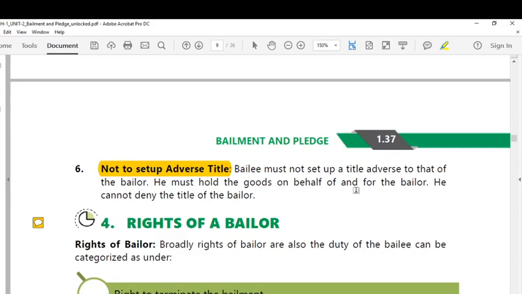For example, if X gives his car for repair to Y, Y cannot say that he is the owner of the car, and he cannot set up an adverse title with respect to the goods under bailment. So it is the duty of the bailee not to set up any adverse title against the goods under bailment. This is the sixth duty.